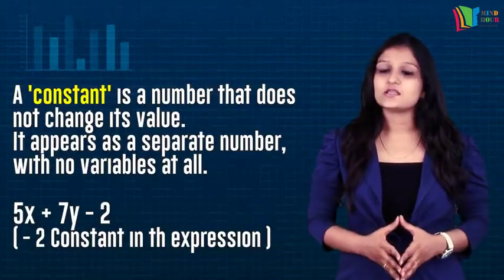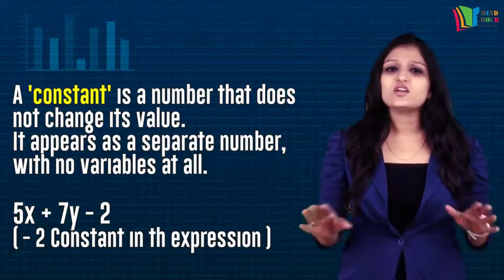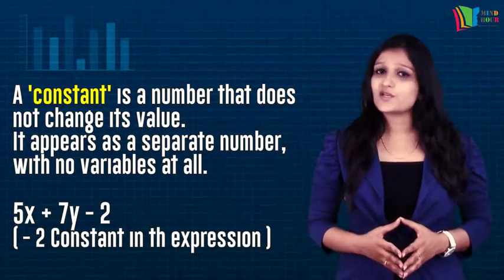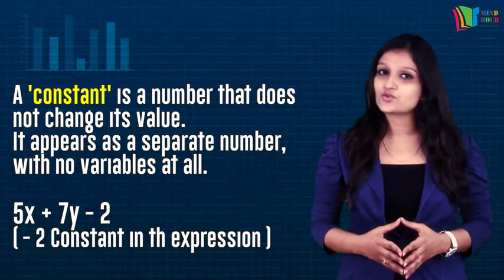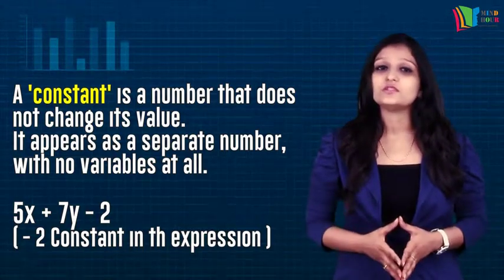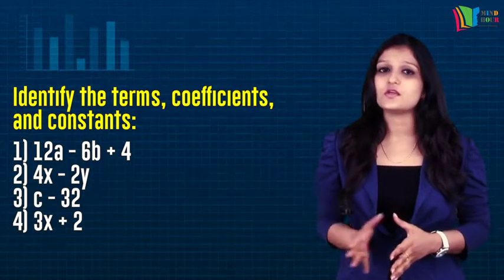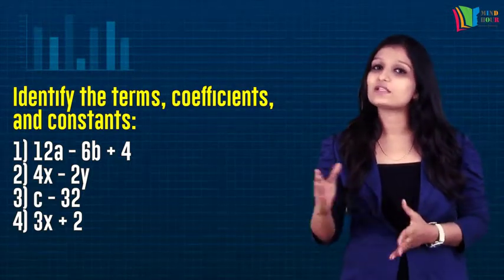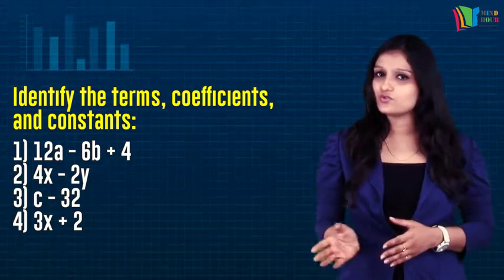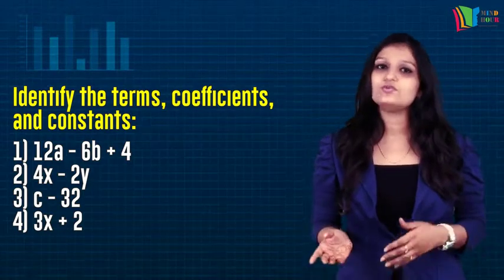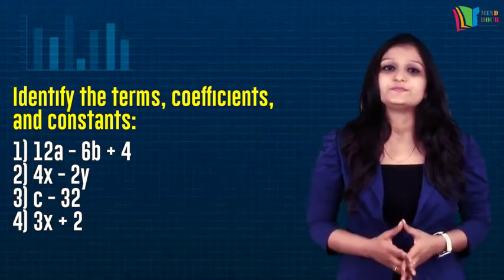What are constants? A constant is a number that cannot change its value. In the expression 5x plus 7y minus 2, the constant is minus 2. Identify the terms, coefficients and constants in these questions: 12a minus 6b plus 4, 4x minus 2y, c minus 32 and 3x plus 2.